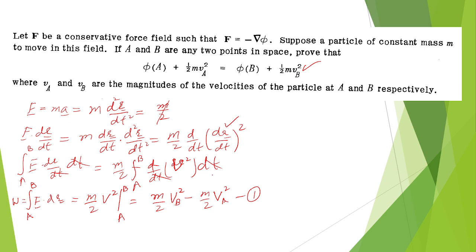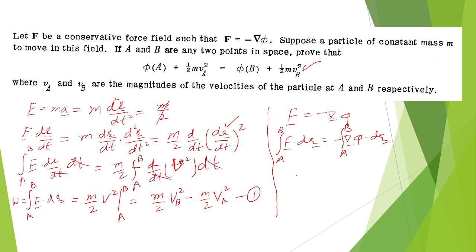Okay, now the potential will do this work. So the force field is conservative, and F is equal to minus grad of phi. Take the dot product on both sides with dr, and then take the integral from A to B on both sides.